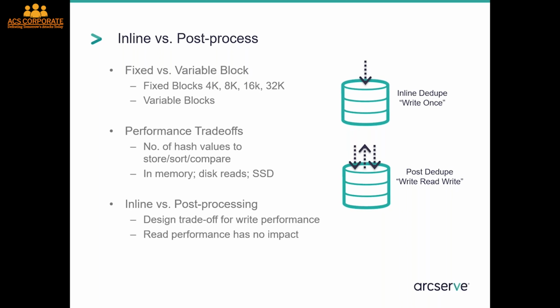The benefit of post-dedupe is that you don't need as much computing power to do it in real time, but the downside is that you need a large amount of disk. You need to have enough disk to hold the full size of the backup undeduplicated before you start to do the dedupe process.